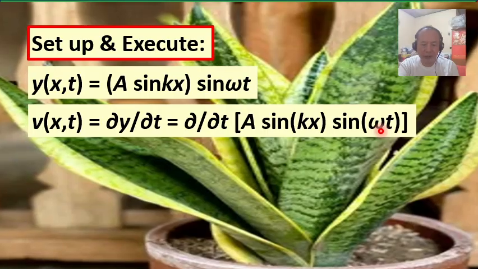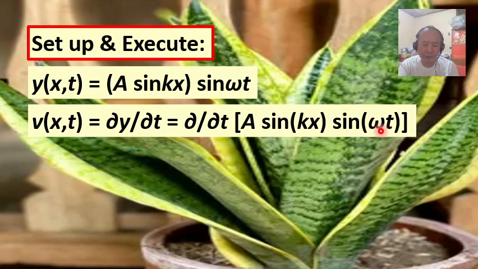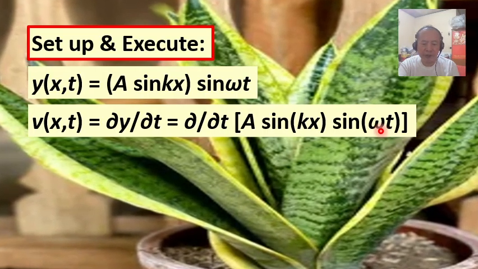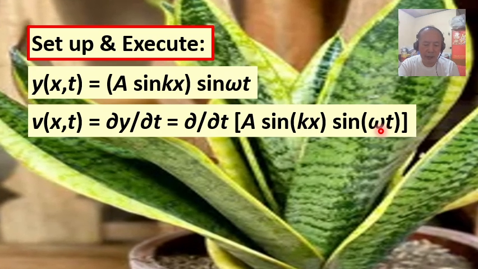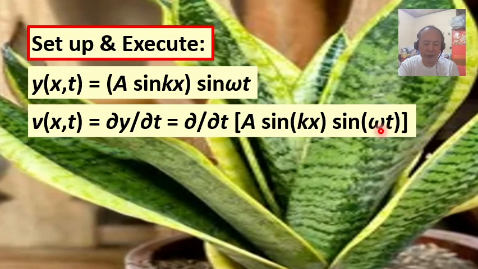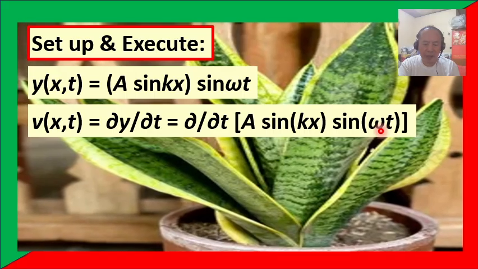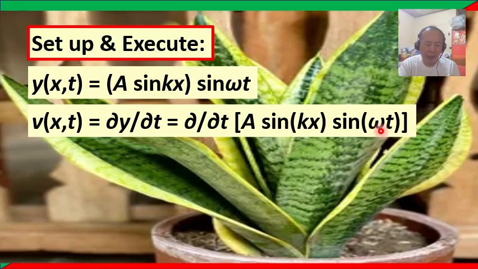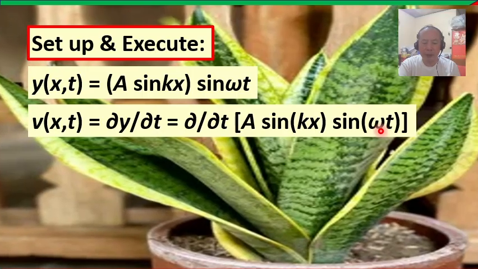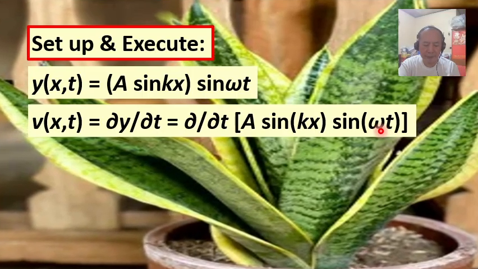So we determine the transverse velocity Vy by getting the first partial derivative of the y function with respect to the time t. At the same time, we ignore the x variable as if it is a fixed number.